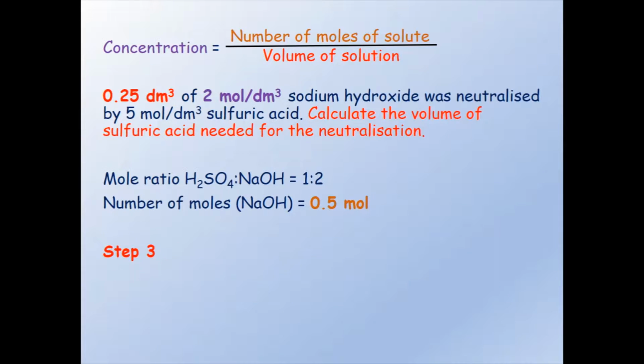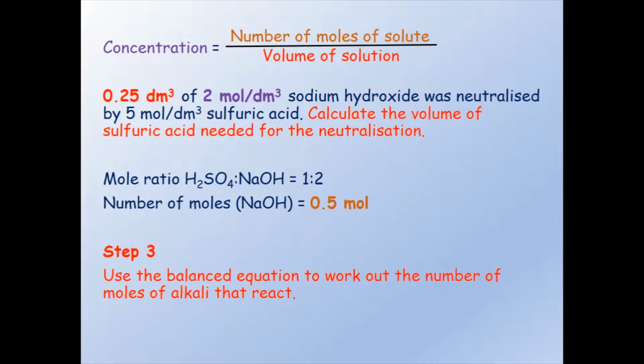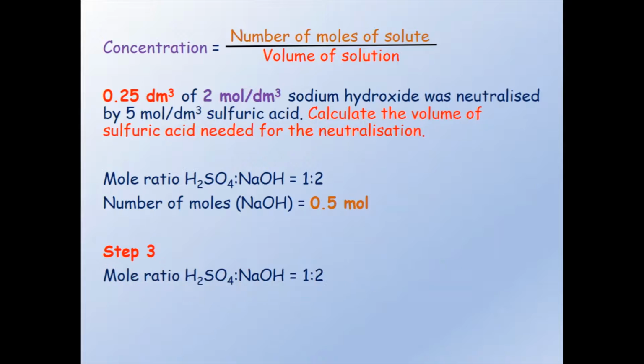Step 3, use the balanced equation to work out the number of moles of acid that react. Again, similar to the last video, we already have the mole ratio, so we don't need the balanced equation anymore. The mole ratio for sulfuric acid to sodium hydroxide was 1 to 2. So this means that 1 mole of sulfuric acid reacts with 2 mole of sodium hydroxide.